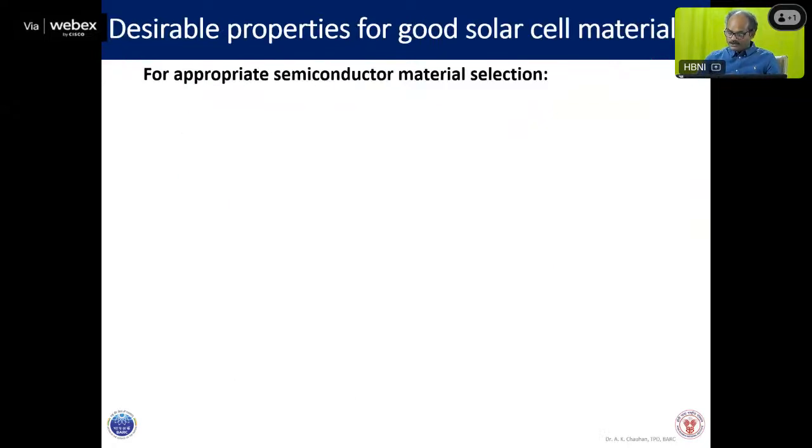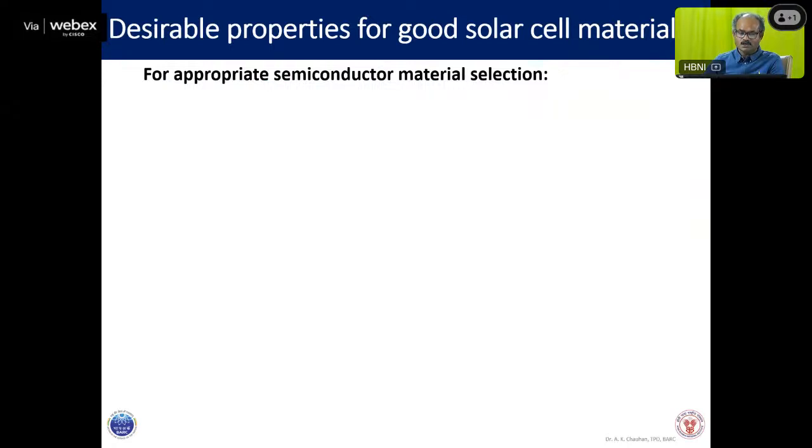So now we have seen what the different losses are, what kinds of conversion mechanisms there are, and how the light is being converted into electricity. So we understand that the material which we use should have certain properties which will help us to have good solar cells.